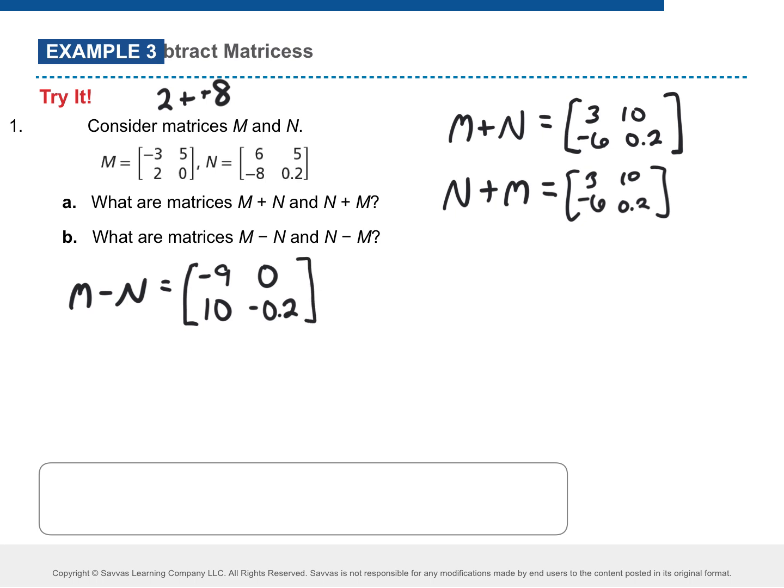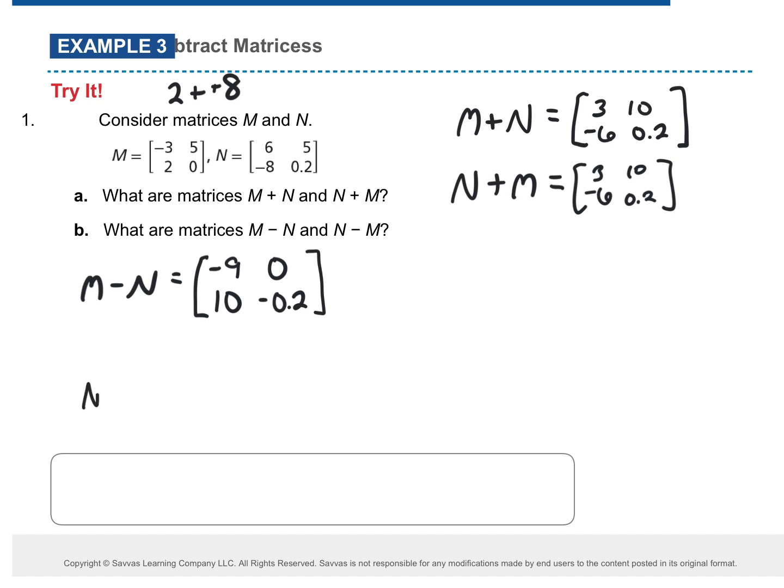Okay. Now, what about N minus M? Is it going to be the same? No. Let's check. So N minus M, I would have to take 6 minus a negative 3. Those two negatives turn positive. 6 plus 3 is 9. Is it the same? No, it's not. Let's keep going.